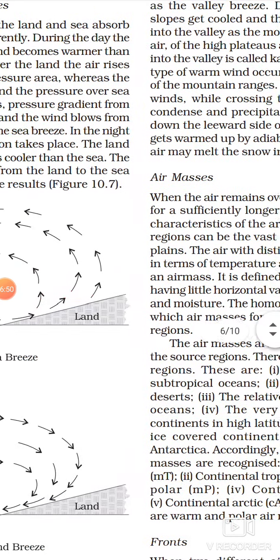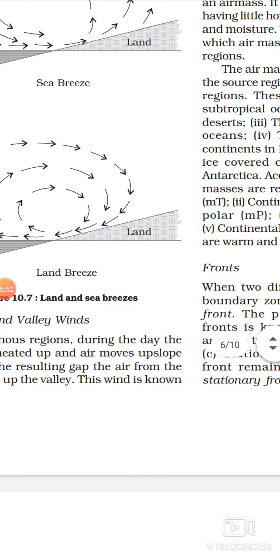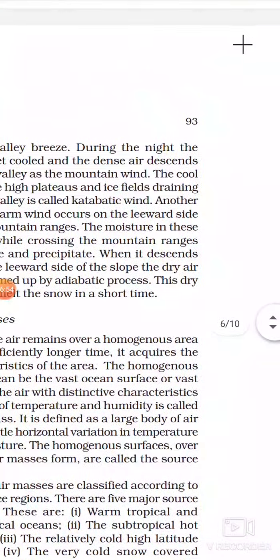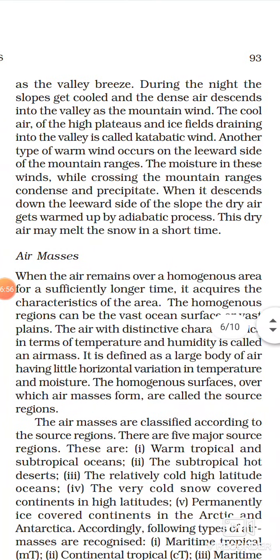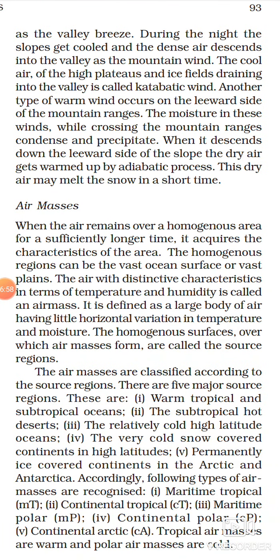And during the evening, or even in the night, the slope gets cooled and the dense air descends into the valley as the mountain wind. The cool air of the high plateaus and ice is called the katabatic wind.